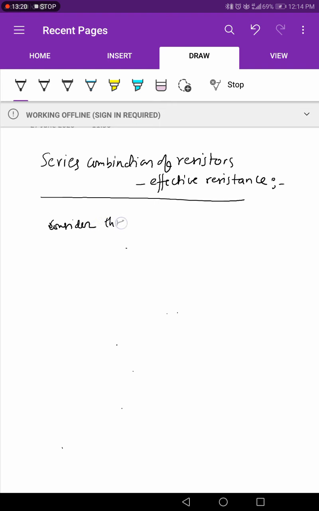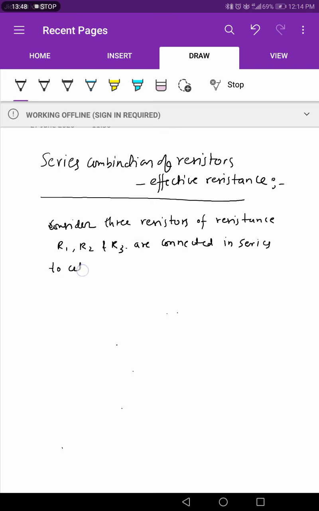So consider three resistors of resistances R1, R2 and R3 connected in series to a cell of EMF or potential difference V with the help of a key as shown in figure.